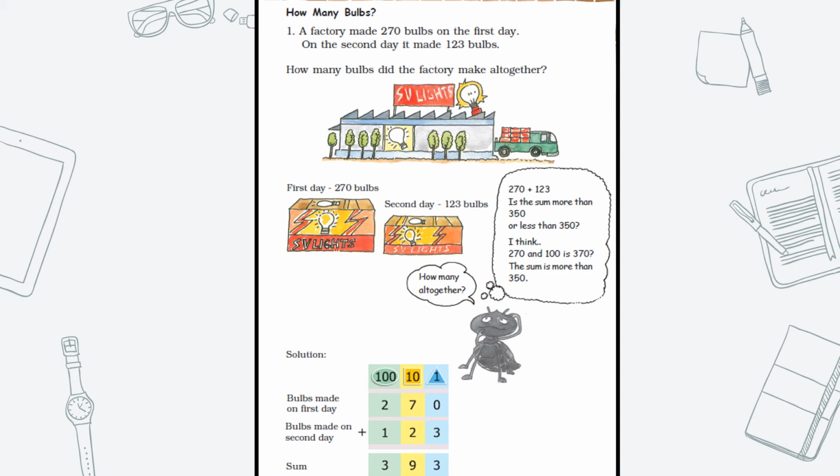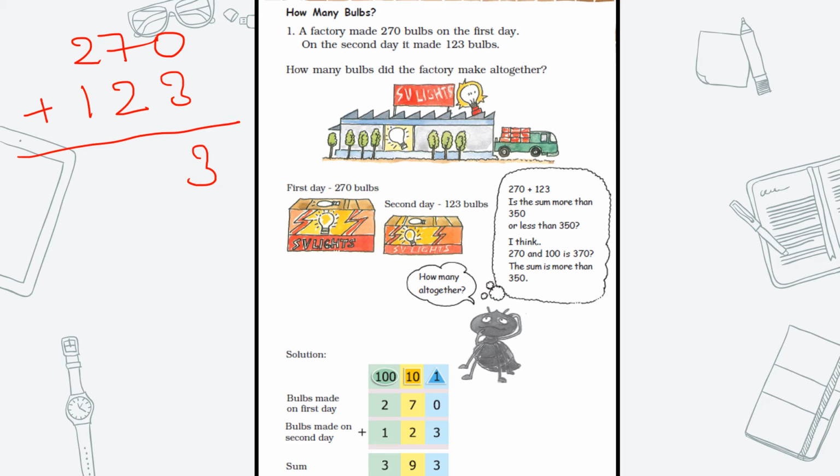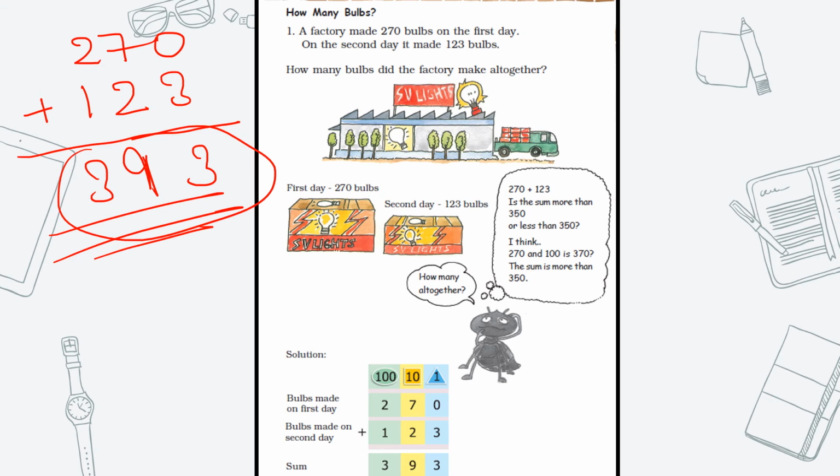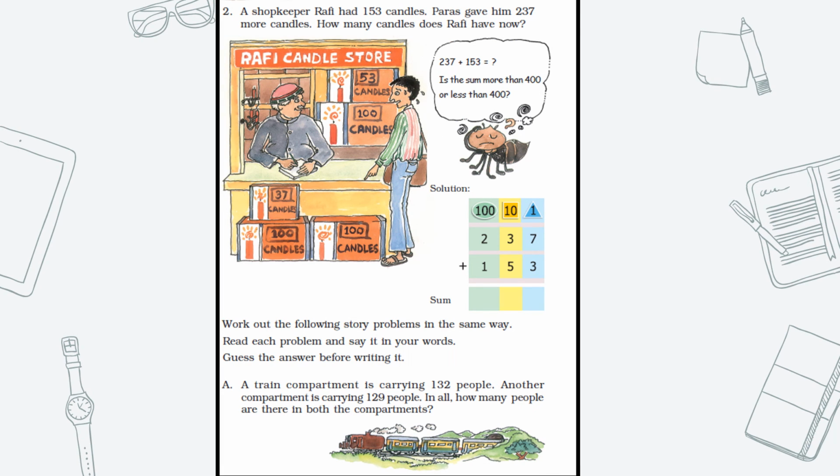Now a bulb producing factory made 270 bulbs on one day and 123 bulbs on another day. We will just add, and we get 393 bulbs in total, correct? Now a shopkeeper has 153 candles.